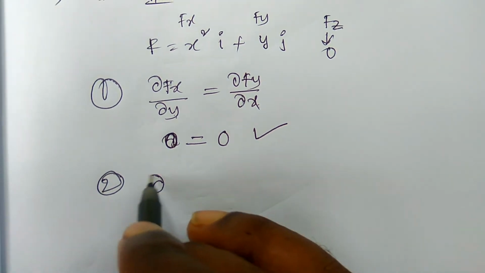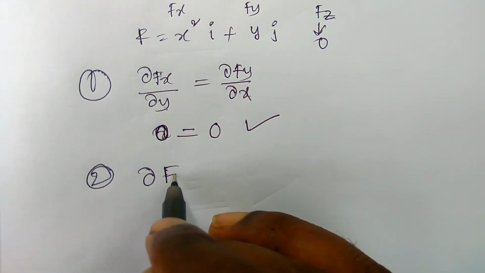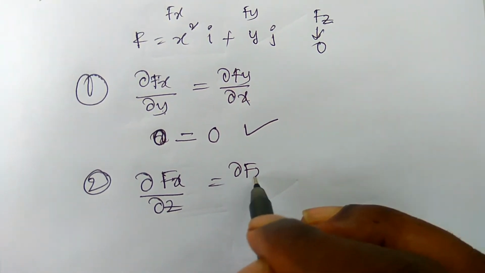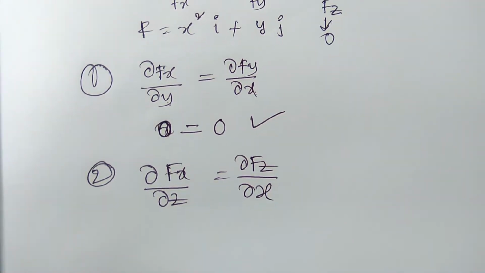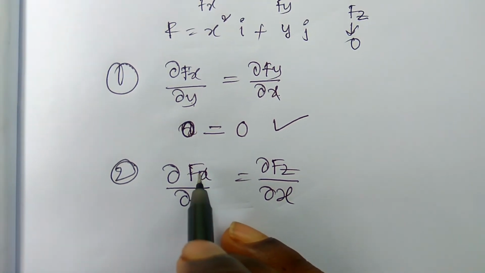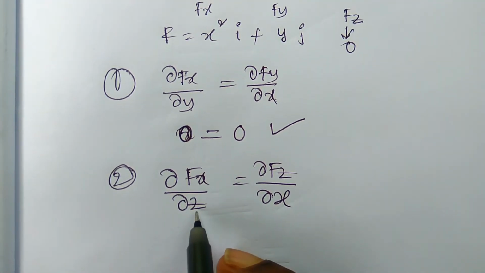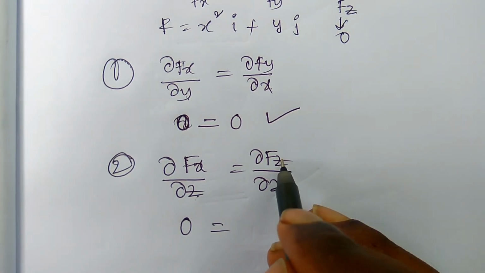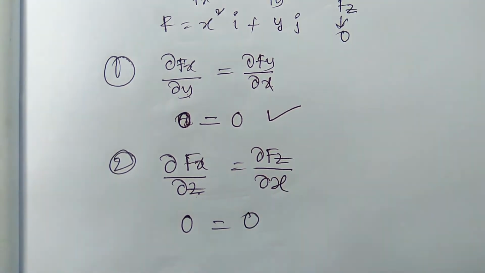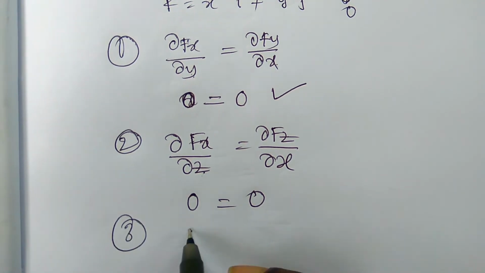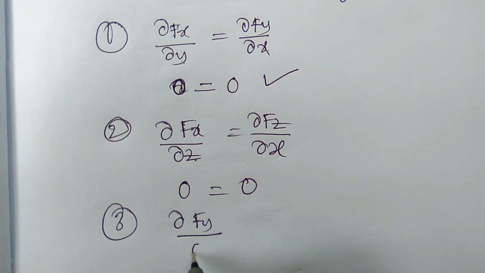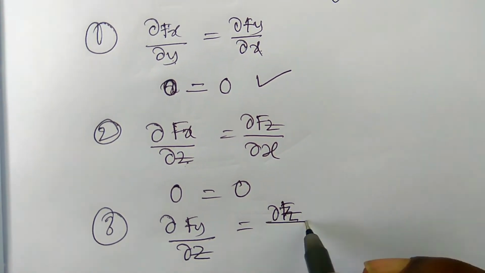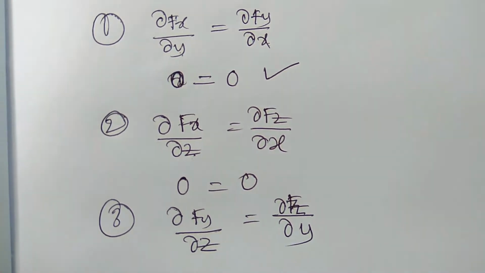Coming to the second condition, del Fx by del z is equal to del Fz by del x. Fx is nothing but x square, so x square with respect to z is constant. Fz is equal to 0, it is constant. And the third condition, del Fy by del z is equal to del Fz by del y.